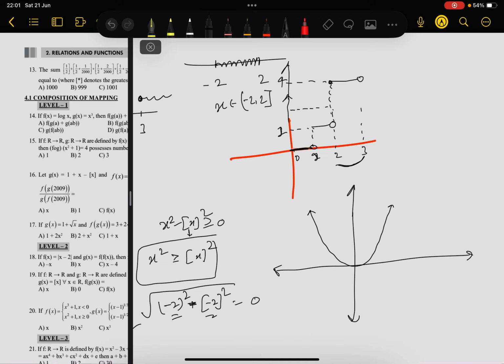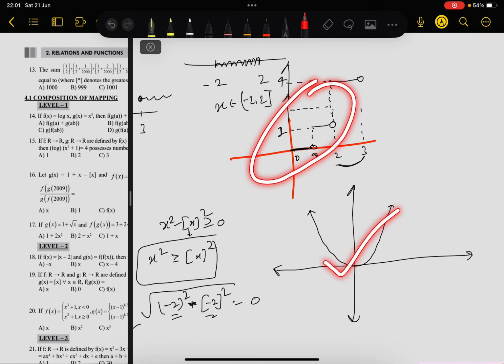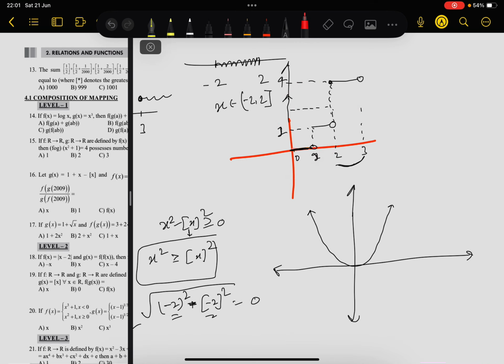On the same graph you can draw this graph here, right? If you draw the graph here you will find, and on this side also, between minus 1 to 0 the value is equal to minus 1, right? This one is minus 1. So here you will get the same graph as 1.